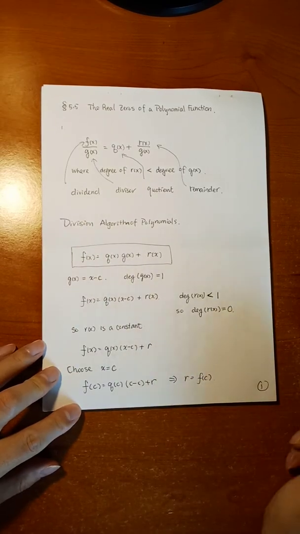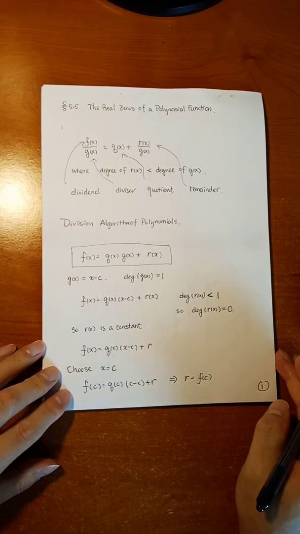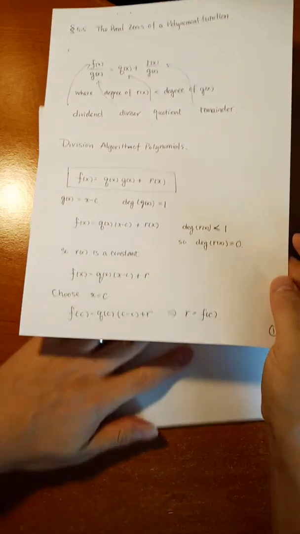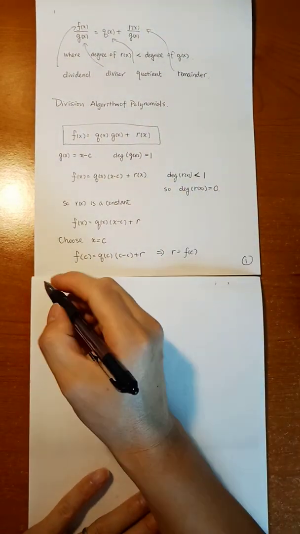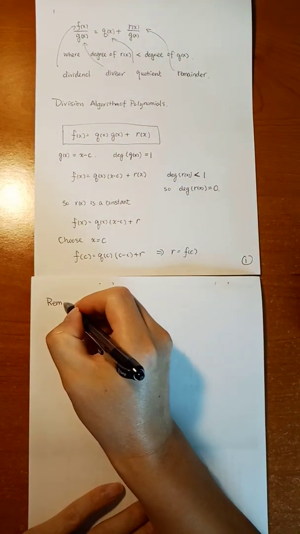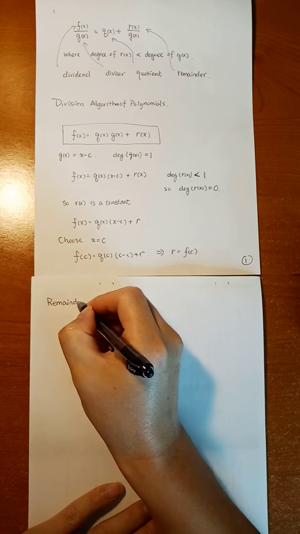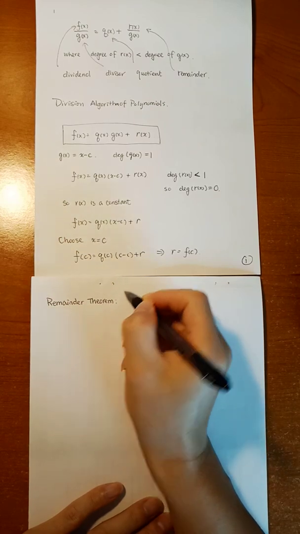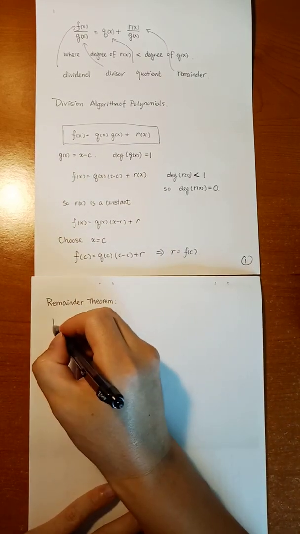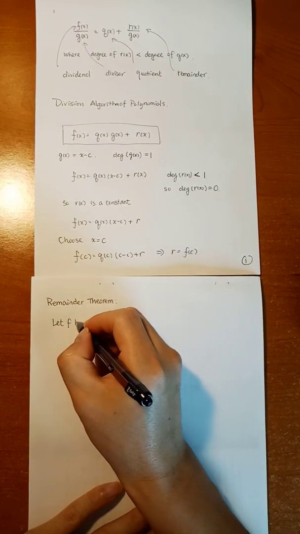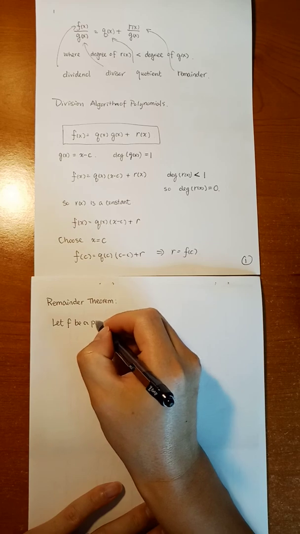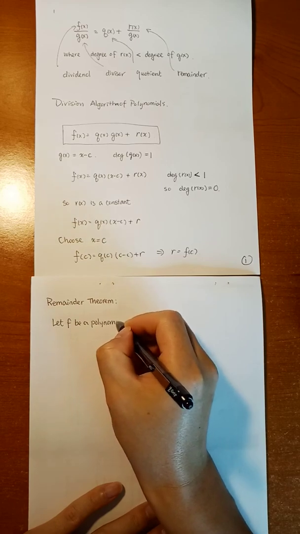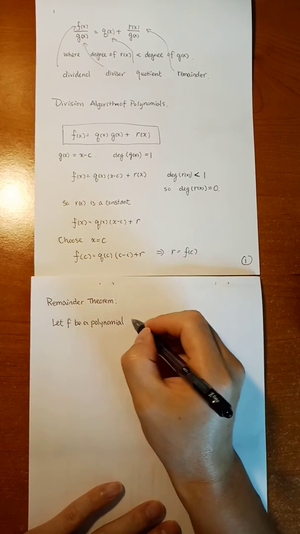Okay, so to summarize it, we have the so-called remainder theorem. The remainder theorem says: let f be a polynomial function.